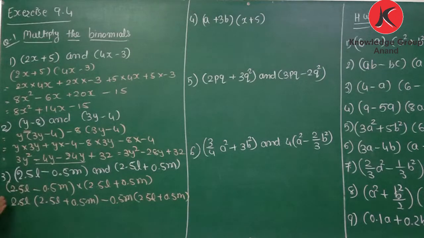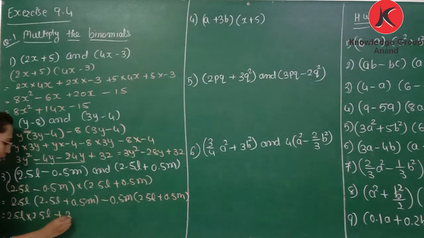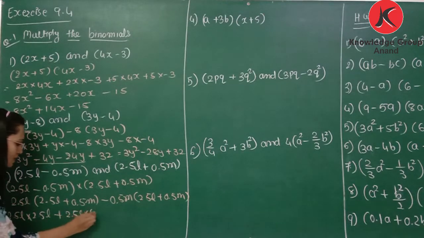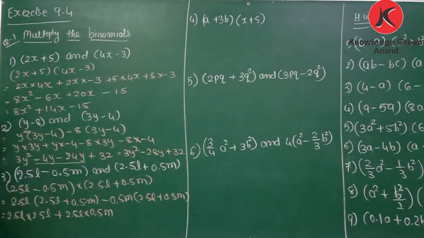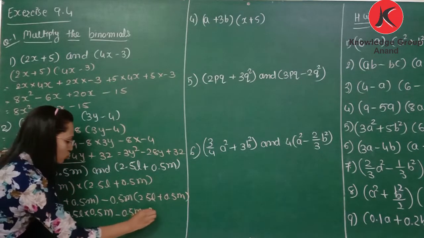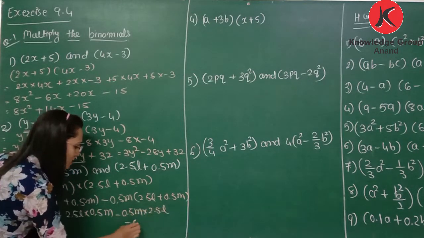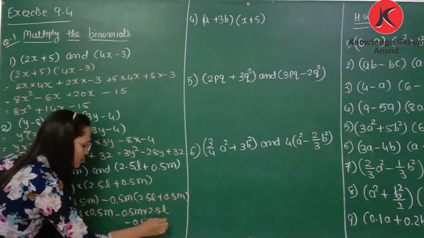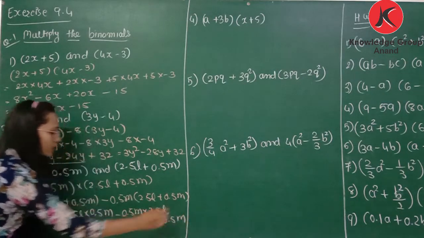Now simplify: 2.5L multiplied with 2.5L, 2.5L multiplied with 0.5M, minus 0.5M multiplied with 2.5L and minus 0.5M multiplied with 0.5M.